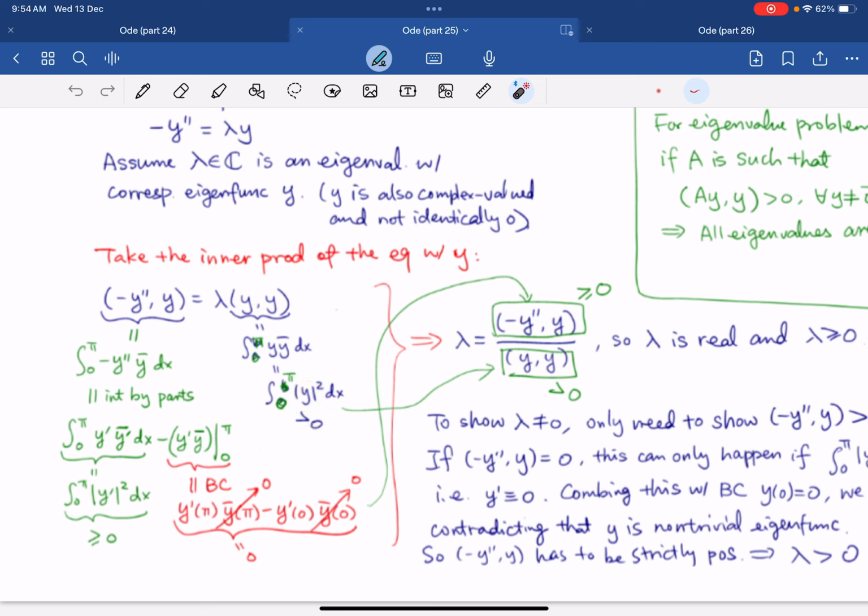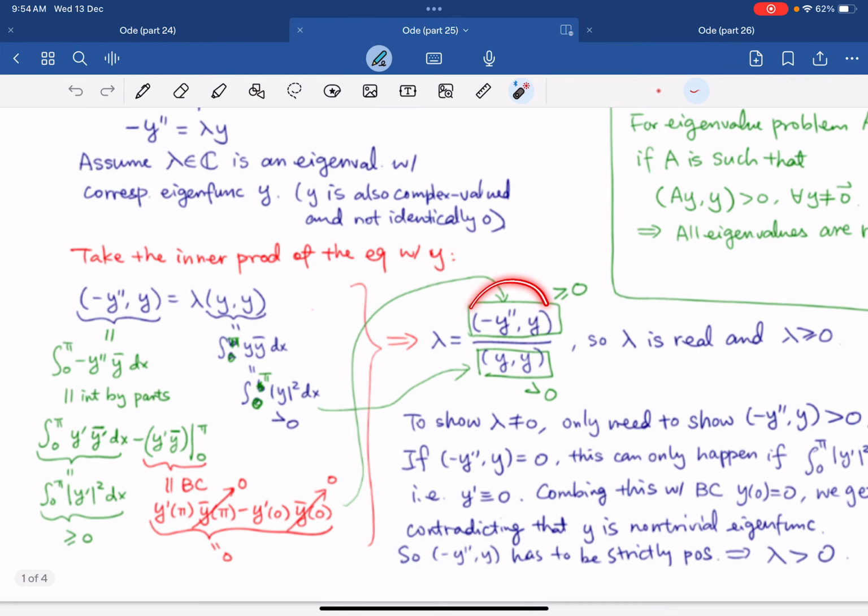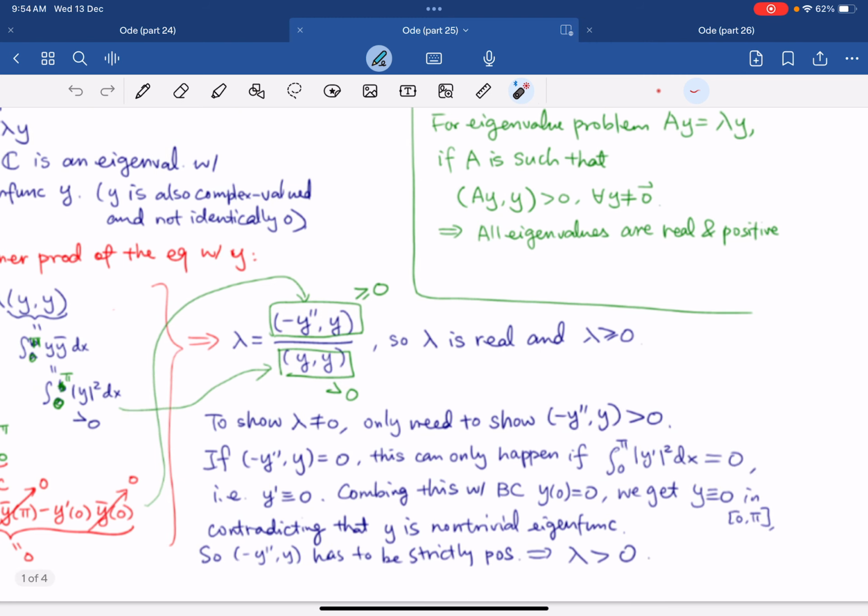This means that lambda must equal minus the inner product here divided by the inner product here. Since this is always positive, this will be real, and this portion is larger than or equal to 0, which means lambda must be larger than or equal to 0. So lambda is real and lambda is larger than or equal to 0.